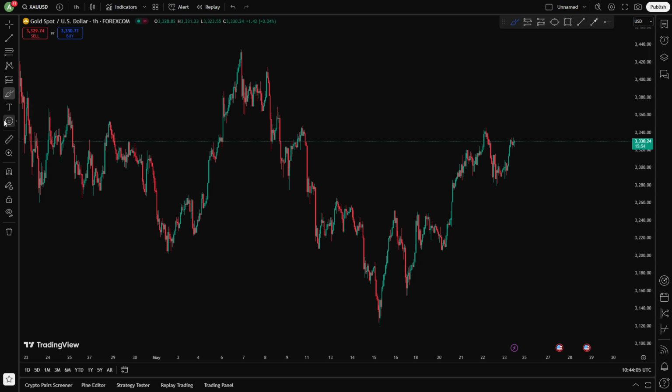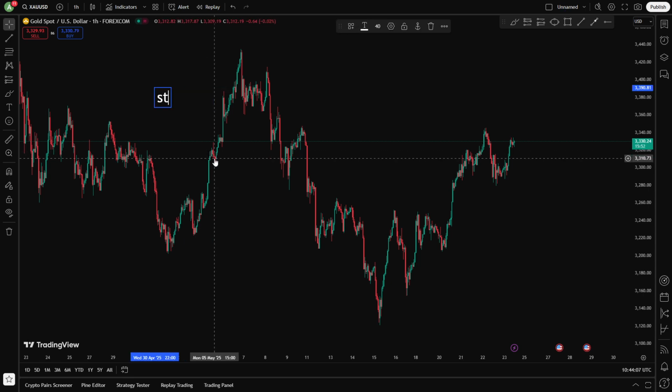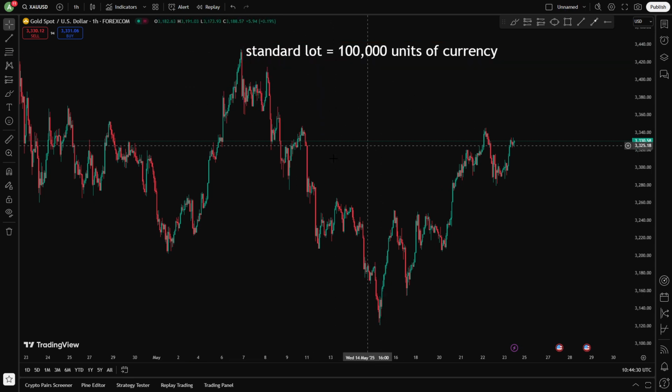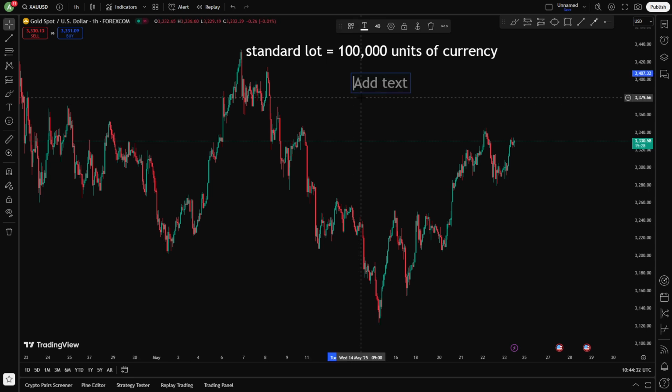For example, standard lot, which is what we always use in trading, by the way, because it's 100,000 units of currency.